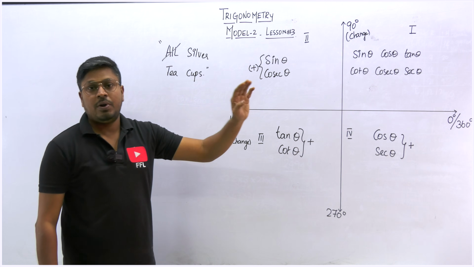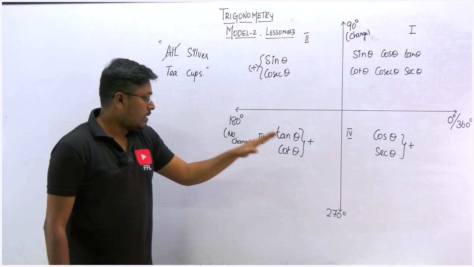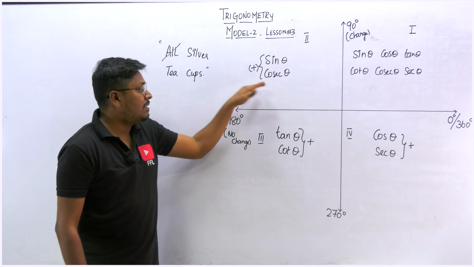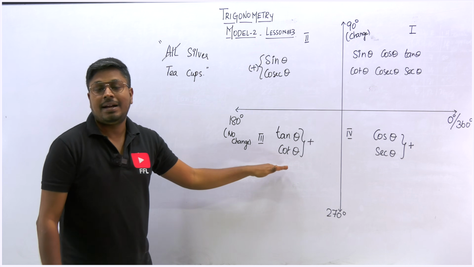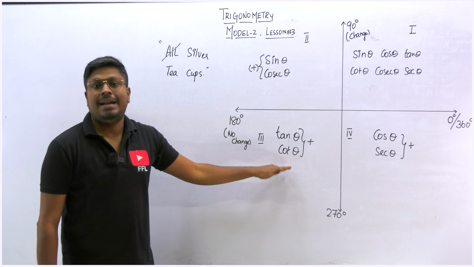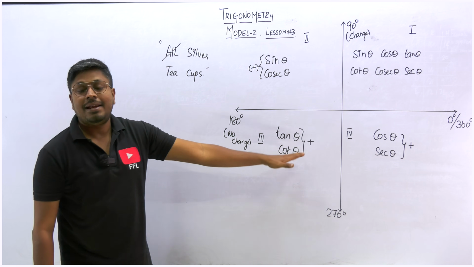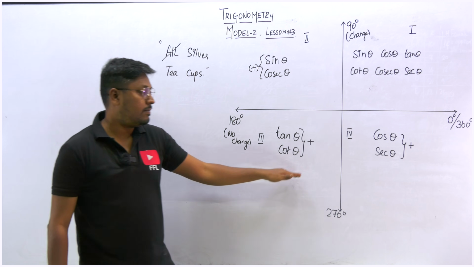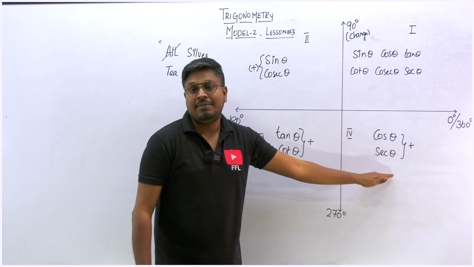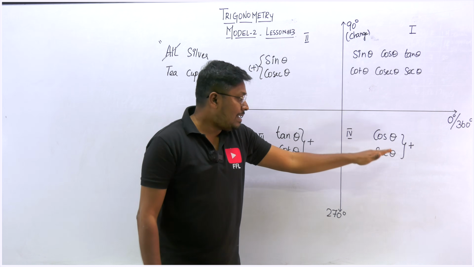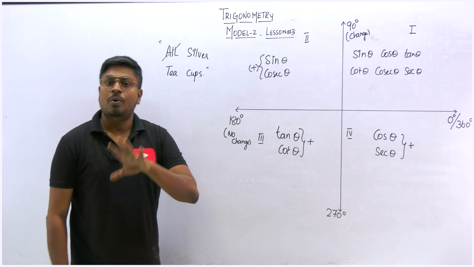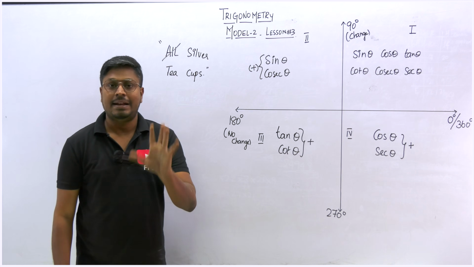All the remaining are negative. Third, tea: the starting letter is T, which means tan theta and cot theta are positive. All the remaining are negative. Cups, starting with the letter C: cos theta and secant theta alone are positive. All the remaining are negative.